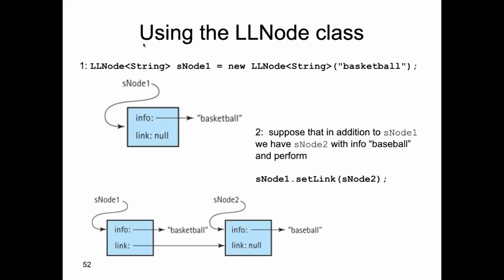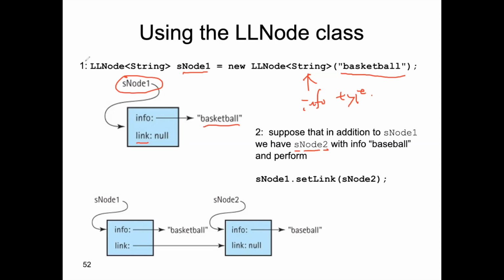Let's look at some of the examples. The very first thing that we do in order to instantiate a copy of your node is to create it. And we use Java generic by passing in string as your info type and basketball as the value for that information. As node 1 is created with the value of basketball and its next or link being nulled. Then we decide to create another node called node 2.